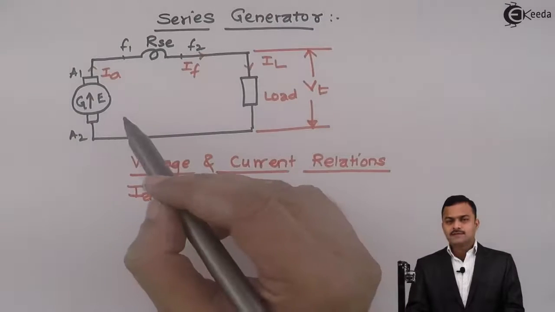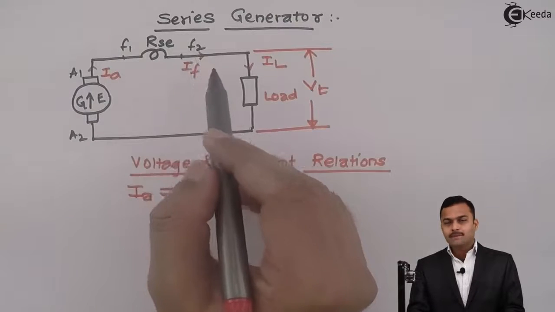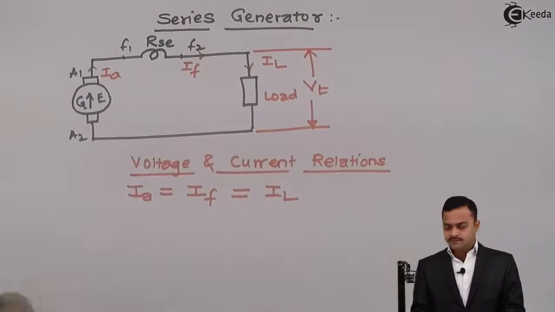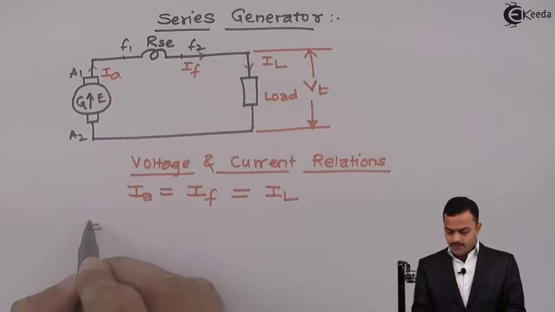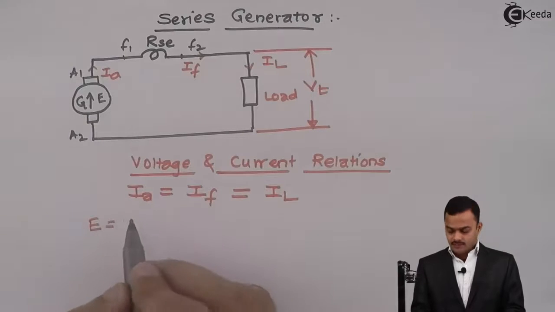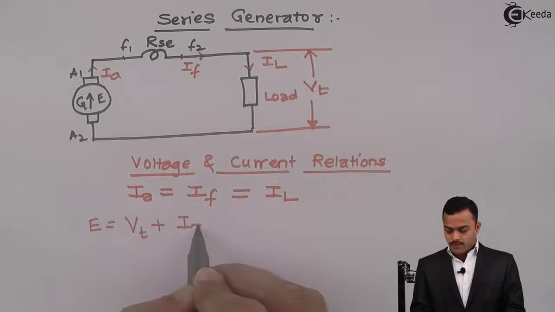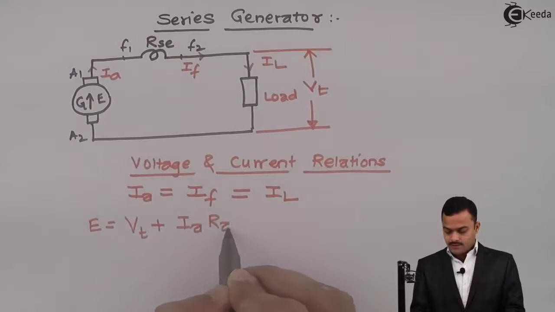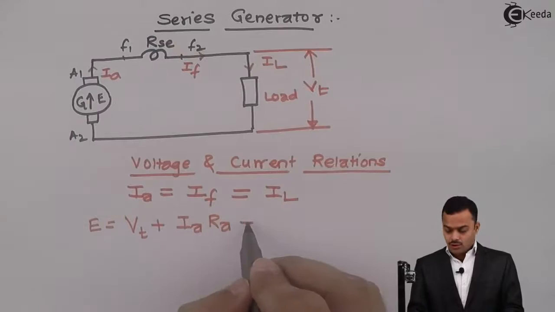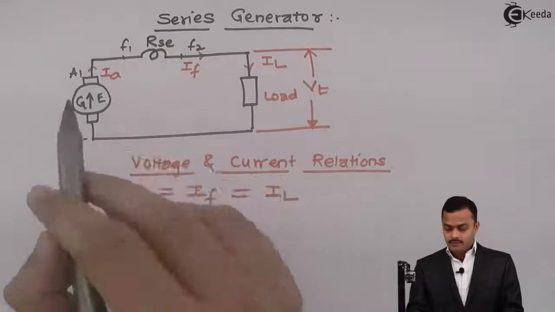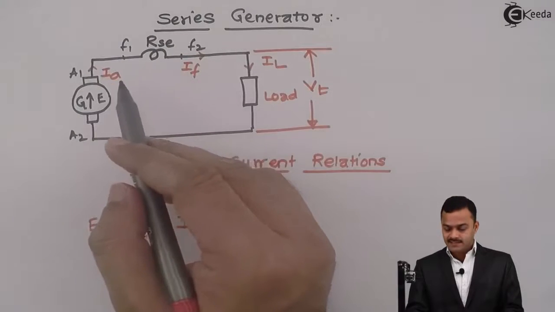Now for the voltage equation, we have to apply KVL to the loop given. EMF induced E is nothing but terminal voltage VT plus the drop across the armature plus the drop across the field winding, because the field winding is in series with it.